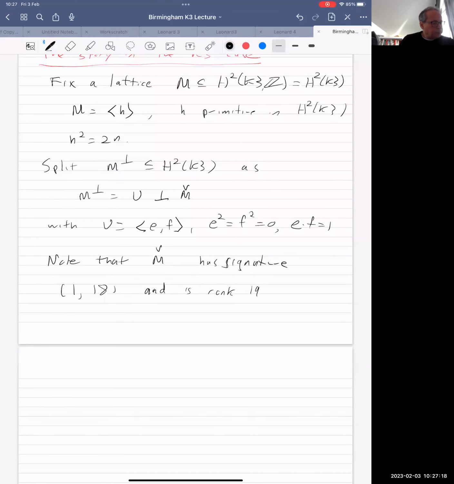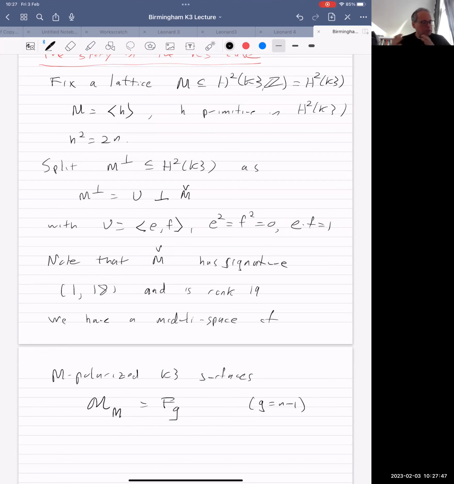Okay, so we have a moduli space of M-polarized K3 surfaces. I will write this either as M sub the lattice M, or as it's more frequently written, F_g, where g is equal to n minus 1.